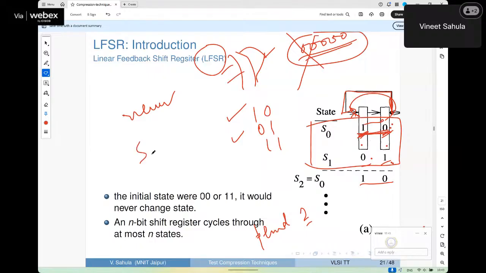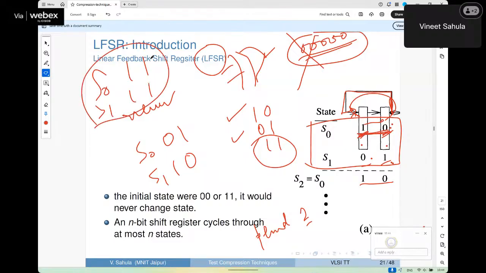So if S0 is 0, 1, S1 will be 1, 0, and it will keep going in the same loop with the same period. If it is 1, 1, S0 is 1, 1 and S1 will also be 1, 1. So the period is 1 only. It is stuck in one state.